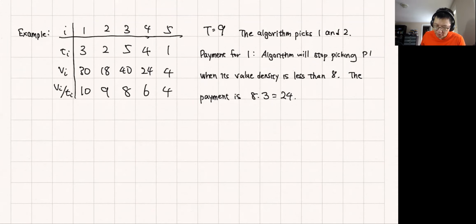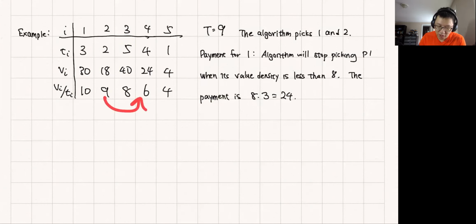Payment for player 2 is similar. If you try to reduce the value of player 2, it will start with 3, and then the algorithm will pick 3. If the value density here goes down to 8 or below, it will pick number 3, and it will not pick number 2 anymore.